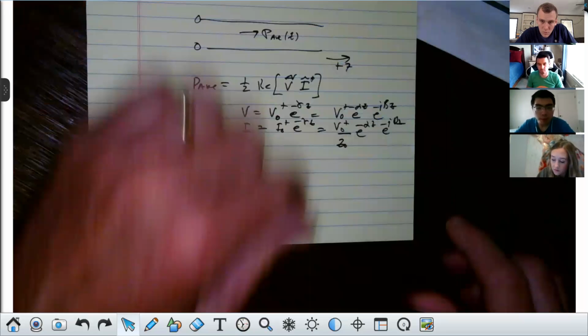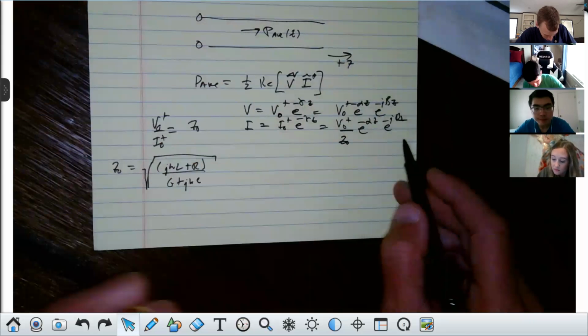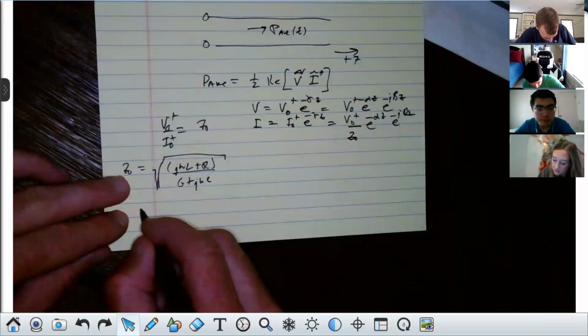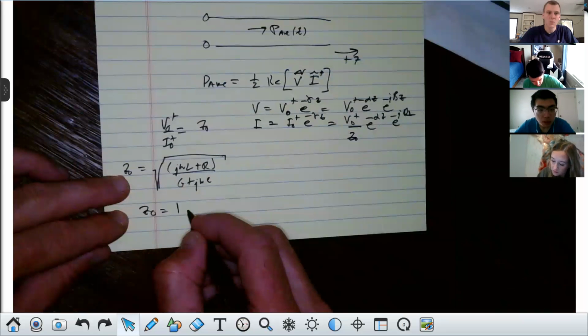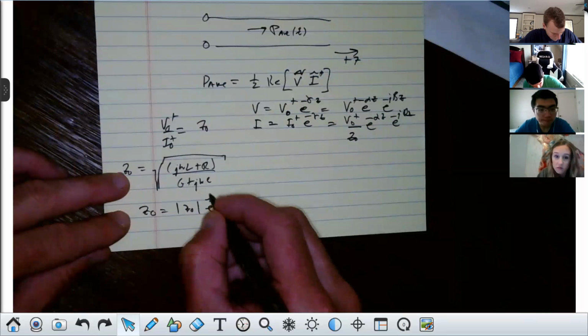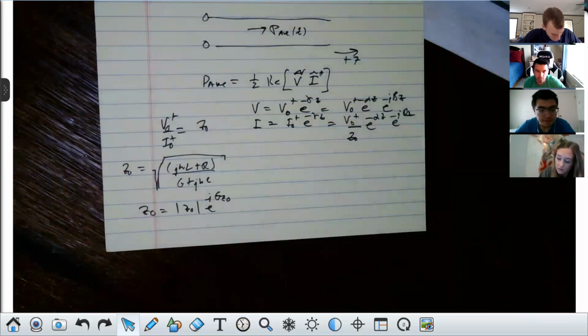Now, focus on this right here. Remember, I told you that Z naught in general is a complex number. So Z naught has actually got a magnitude of Z naught, and it has a phase angle, e to the j theta of Z naught. Does everybody follow me there? Complex numbers are magnitude and angle, or real and imaginary, right?